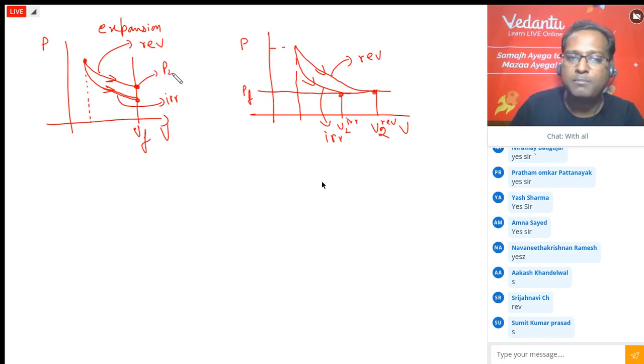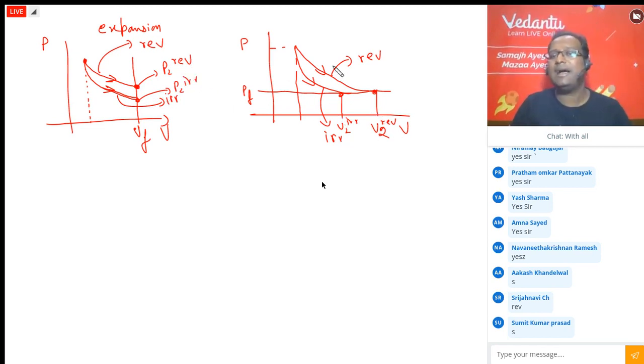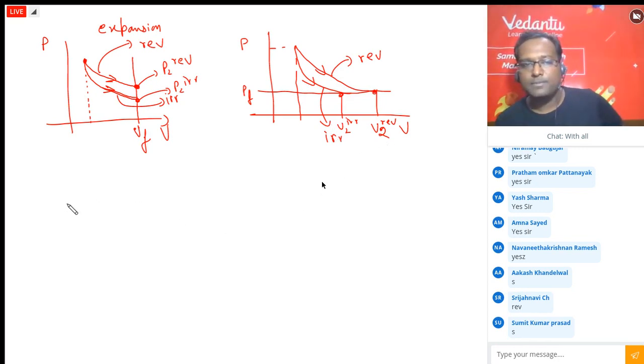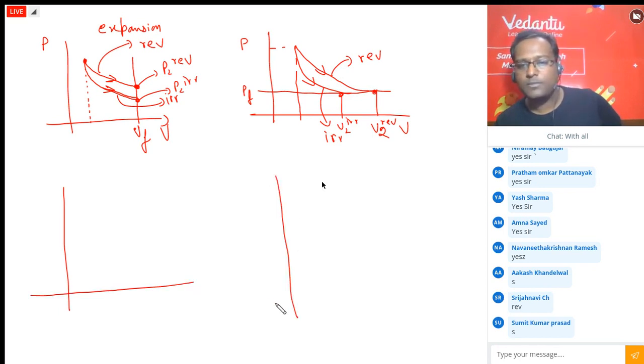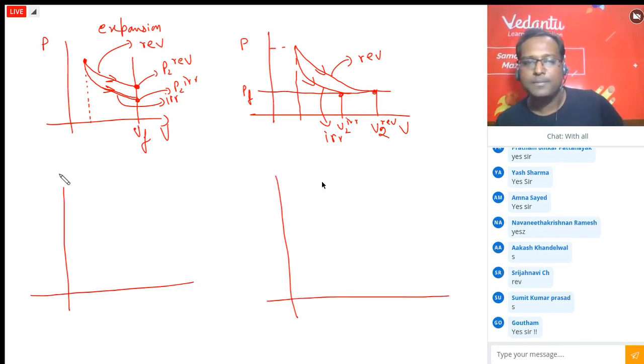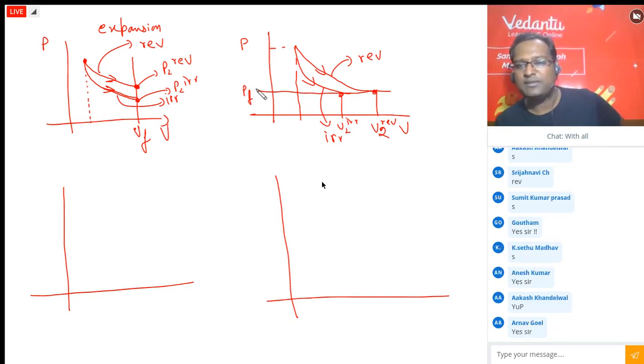Here P2 reversible is more than P2 irreversible. So I don't need to remember them. Only the work done idea helps me conclude this very easily. Are you with me? If there is any doubt in these 2 graphs, please ask.